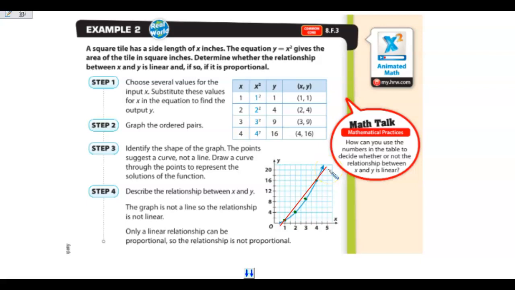So because it's not a straight line, it is nonlinear. Is it still a function? If I do my vertical line test, is it still a function? Yes. So it is a nonlinear function. And because it's nonlinear, it is non-proportional.